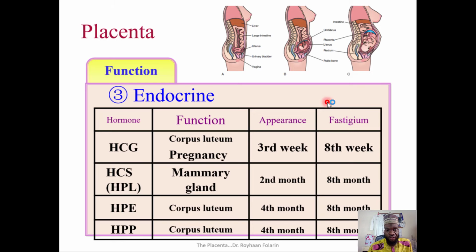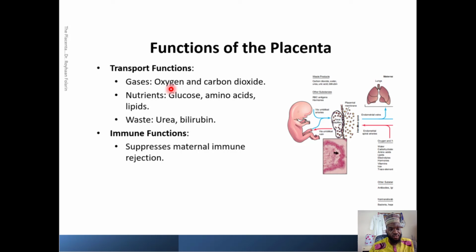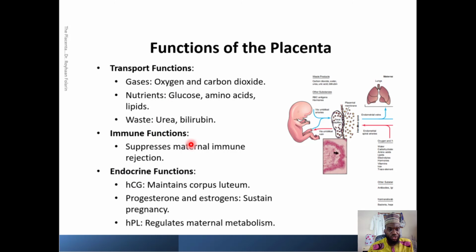So this brings together the major functions of the placenta. Which is to say, the transport functions, which cut across gases like oxygen and carbon dioxide, nutrients like glucose, amino acids, lipids, and then waste like urea, bilirubin, exchanging between the mother and the fetus. And you have immune functions such as its suppression of maternal immune rejection and the endocrine function.